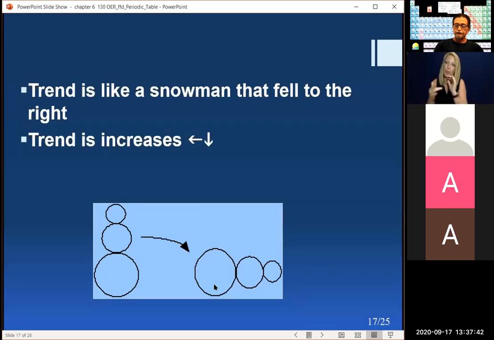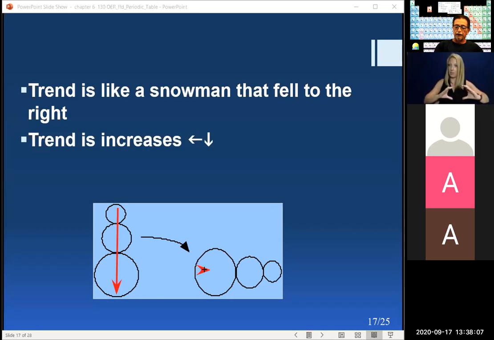To help you out, you can use a snowman here, where the circles represent the diameters of the elements. As we go down the periodic table, the diameter increases.